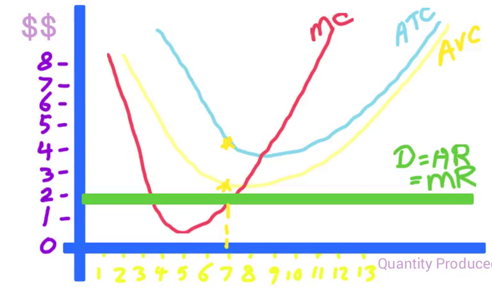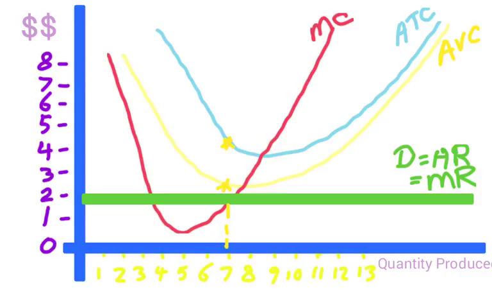So here, at this quantity, it's clear that our total loss at quantity 7 is actually greater than if we shut down. So we can say that if the demand curve or the price is below the average variable cost, then the company would actually be better off shutting down or not producing anything, at least in the short run.